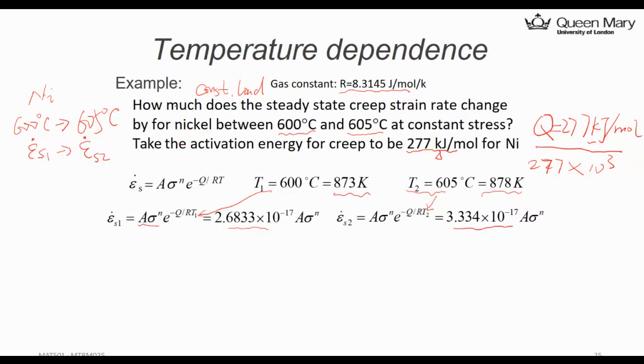Now the question asks how much that changed. But basically you can see this part can be cancelled out if we divide one by the other. So let's do that: epsilon S2 dot over epsilon S1 dot. Now it gives us a value of 1.24. So actually that's about a 24% increase just by increasing 5 degrees.